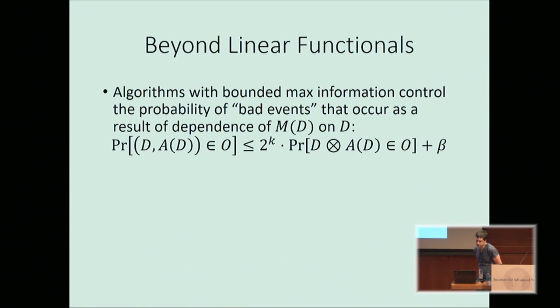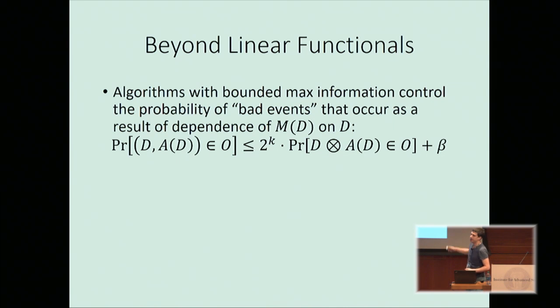Okay. So the reason why max information is the right quantity is it can control the probability of arbitrary bad events that occur as a result of the unwanted dependence between the data and the method of data analysis you've chosen. Suppose you've got some bad event that you're worried about.